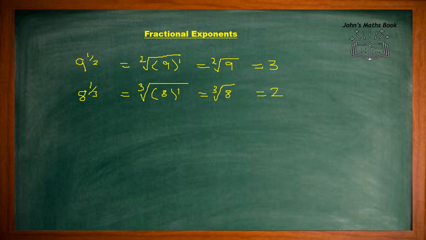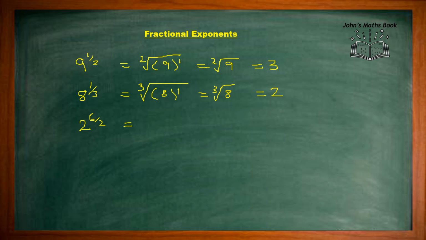And now let's look at a different example. Let's look at 2 to the power of 6 over 2. Now I know that that can be simplified as 3, but for this example, let's just take a look at how it'll work. So that means find the second root of 2 to the power of 6.